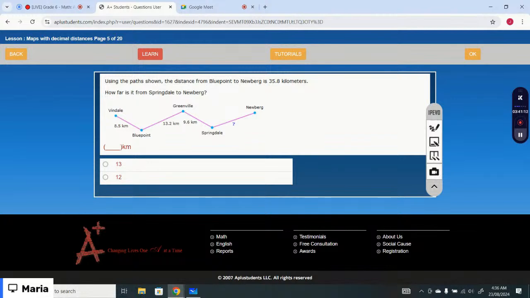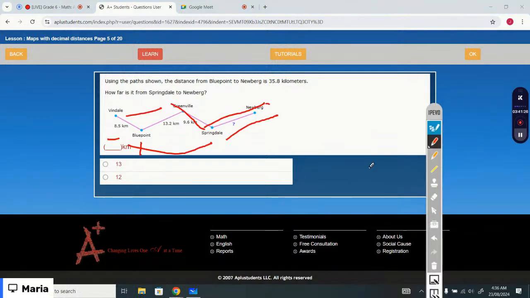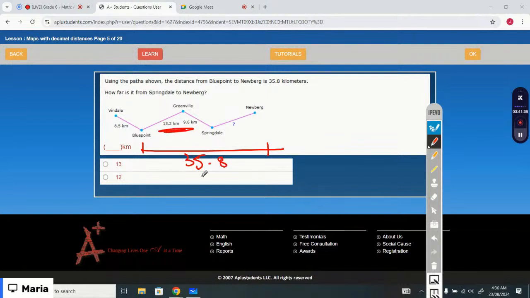You have to find the distance from Springdale to Newburgh, right? The distance you are given is from Blue Point to Newburgh, 35.8. So subtract these two distances from 35.8.